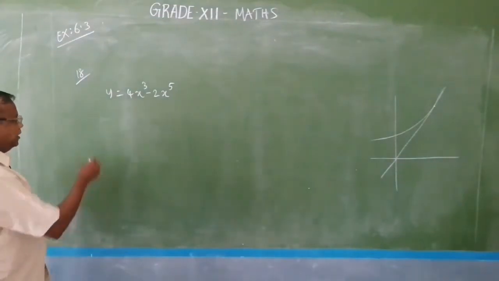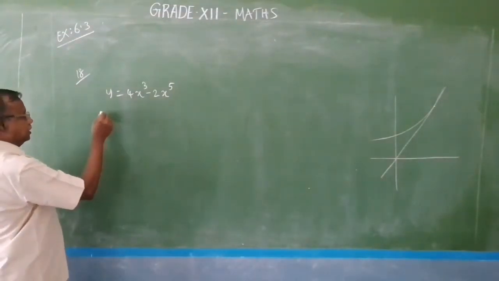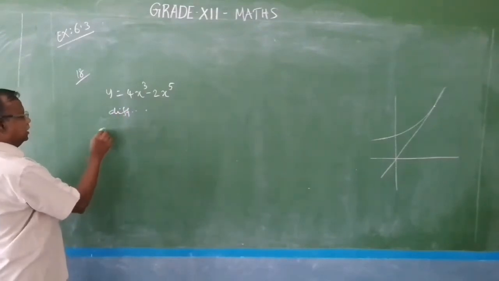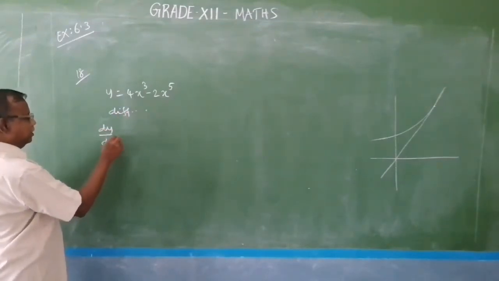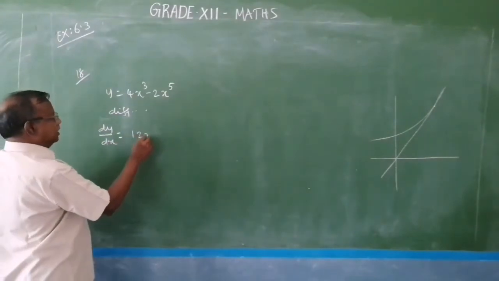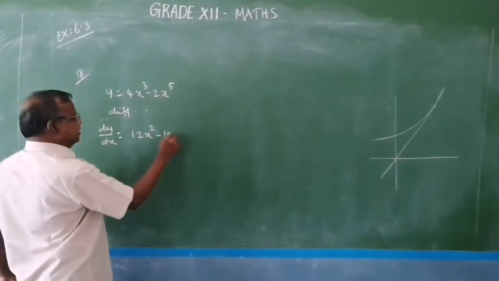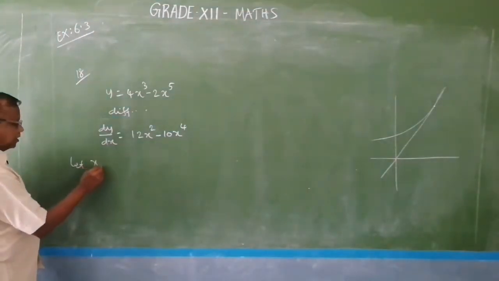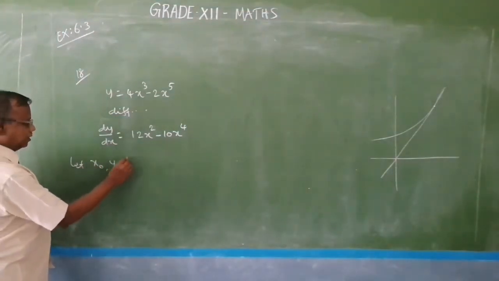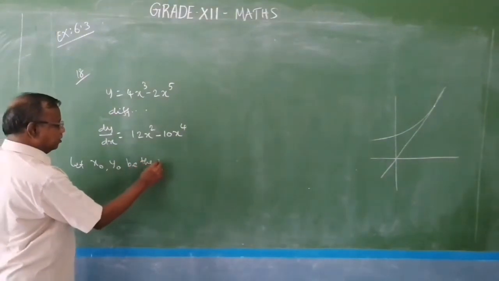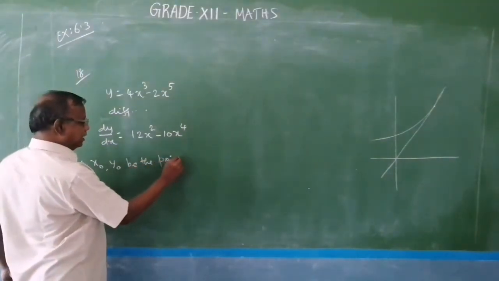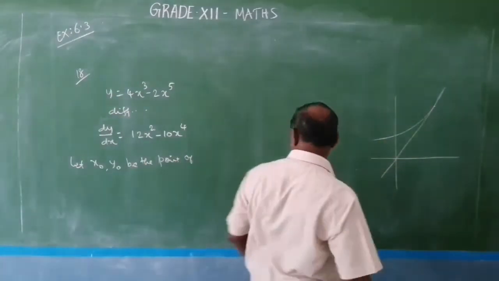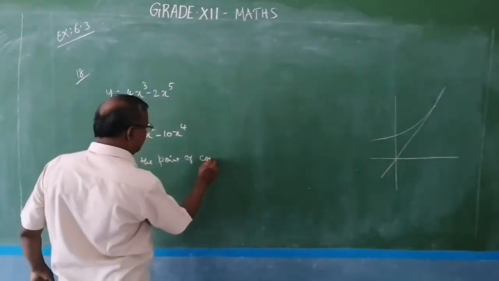Now differentiating the equation, dy by dx equal to 12x square minus 10x power 4. Let x naught comma y naught be the point of contact of tangent and curve.